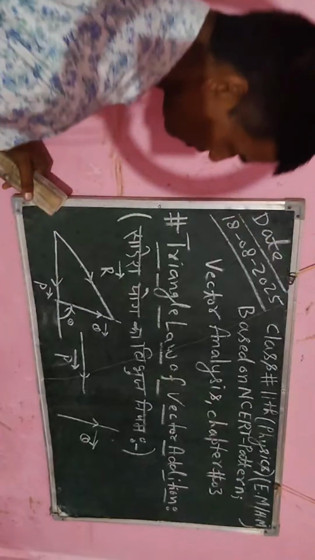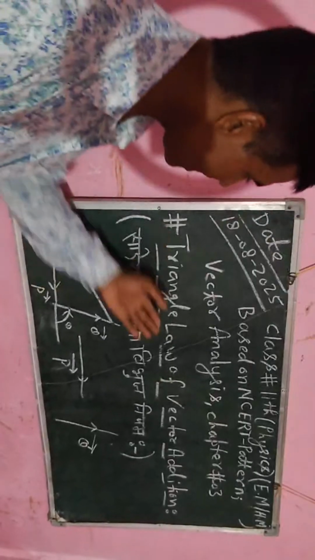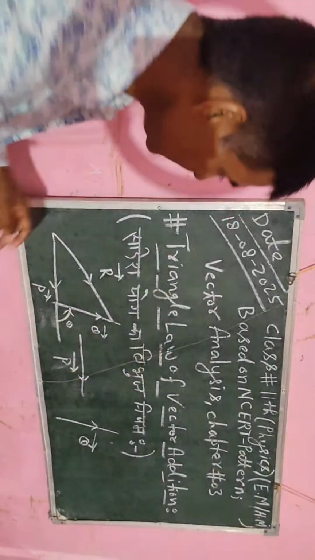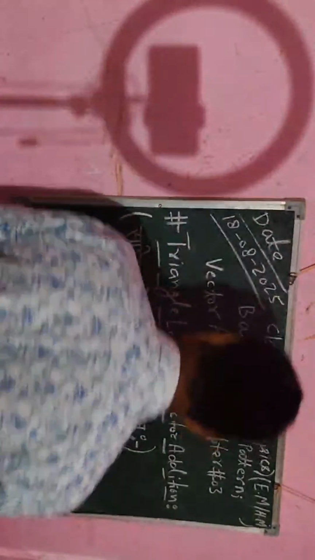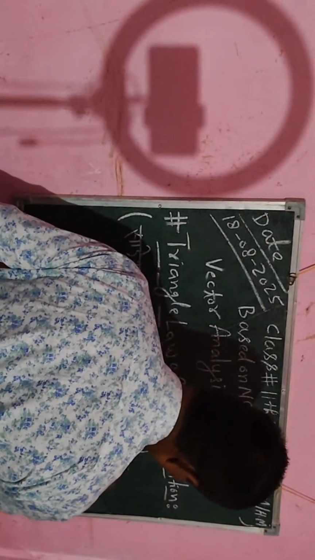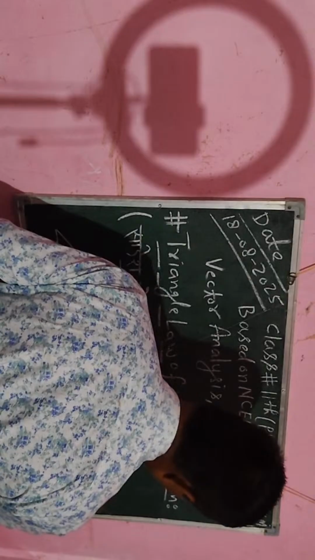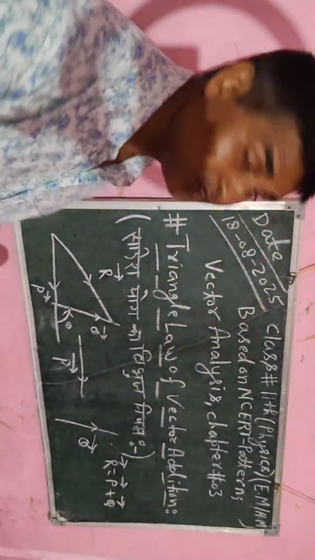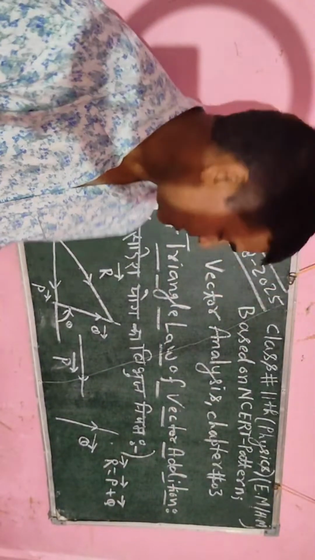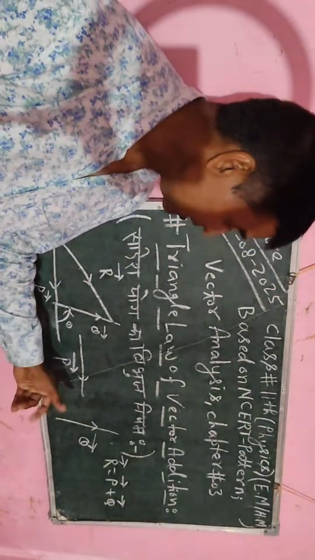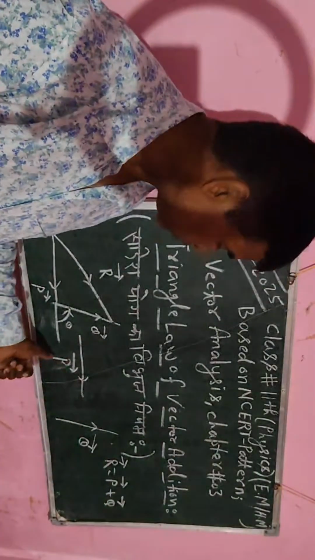So by using the concept of the triangle law of vector addition, in the graphical method, this is the vector R. So I can write vector R is equal to vector P plus vector Q. This is the required concept, the geometrical method, because in the plane I am considering a vector which is available.